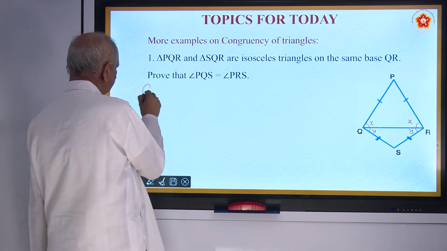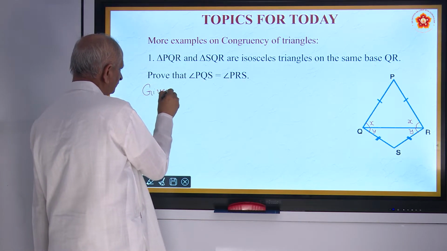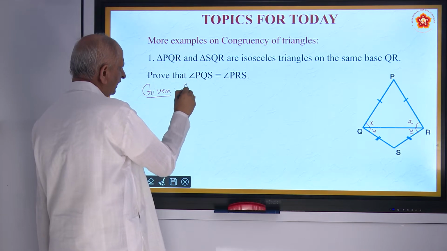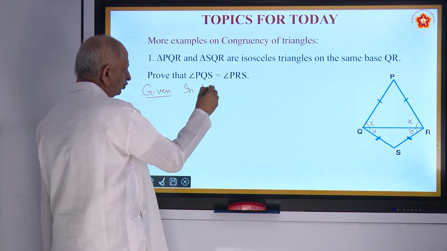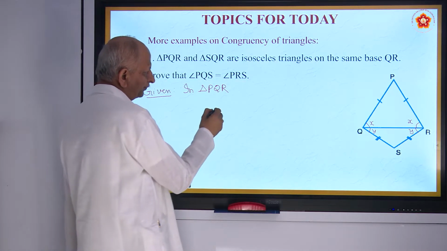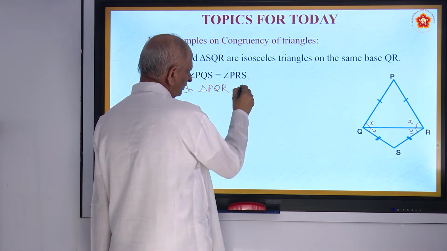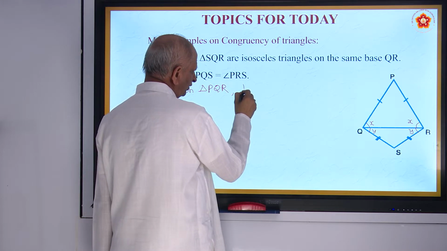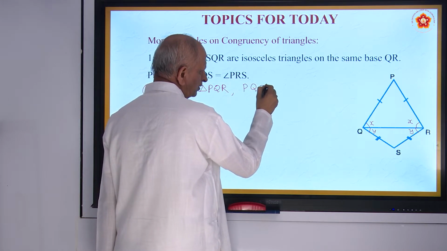So you are given in triangle PQR, PQ is equal to PR.